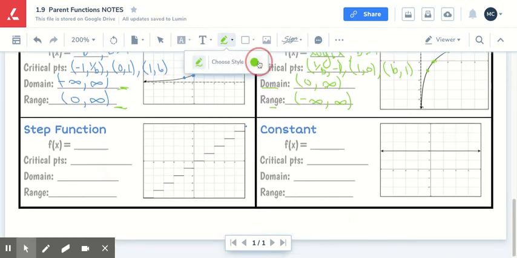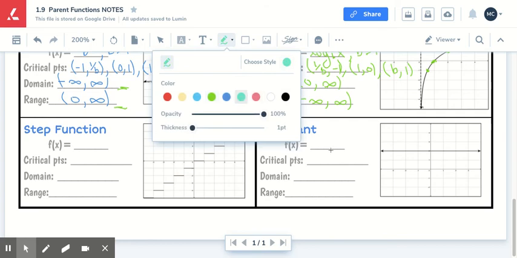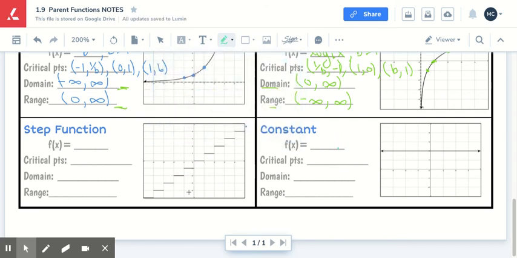Okay, 2 more. This next one is called a step function. And the equation for this is f of x equals, and then this is kind of a funny symbol here. Let me try that again.